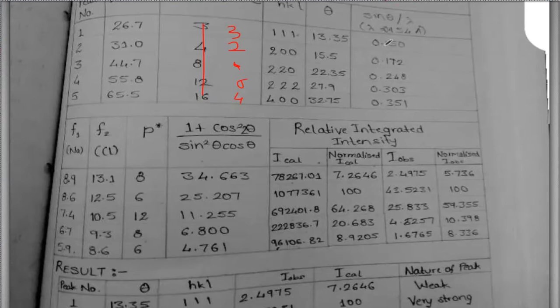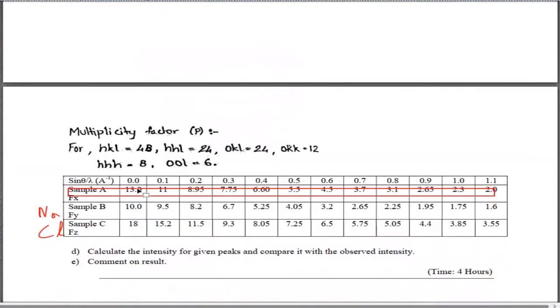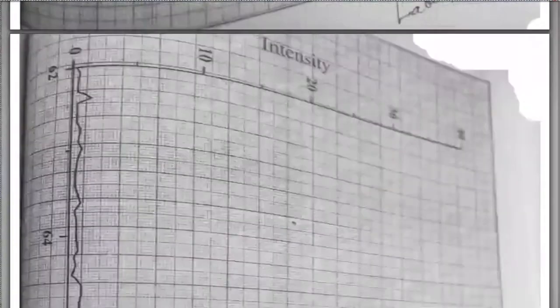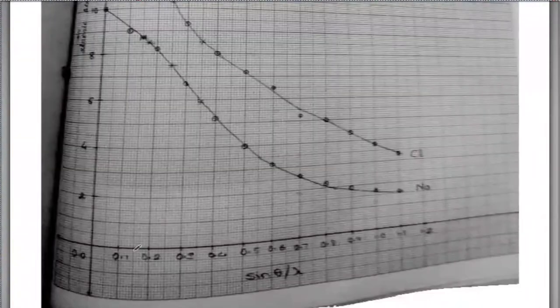So these values are not matching exactly with the values shown here. This is 0.0, 0.1, 0.2 like this. So the first value is between 0.1 to 0.2. So now on this graph, you have to go to the 0.15 and come here.